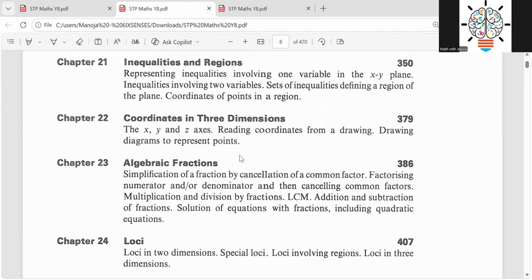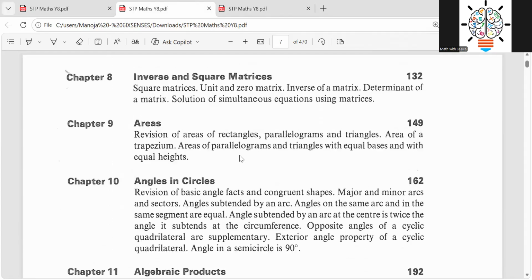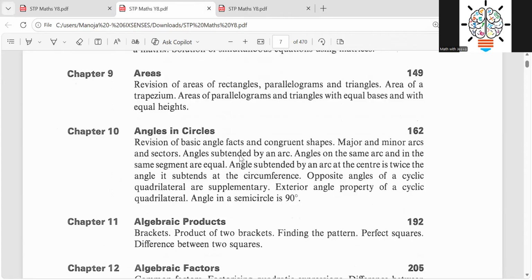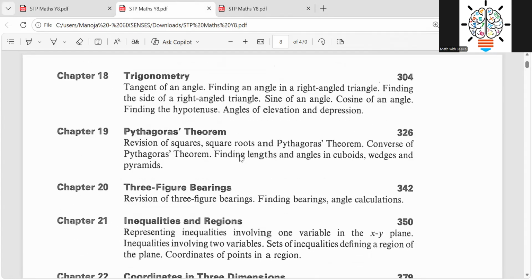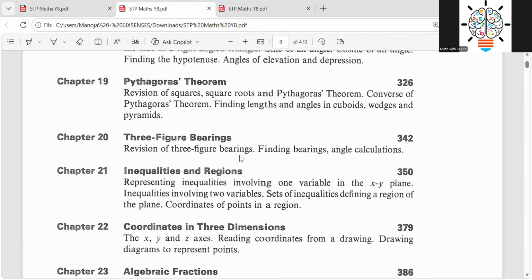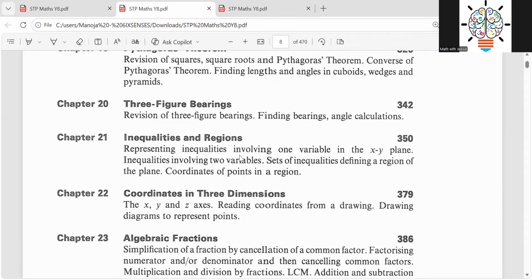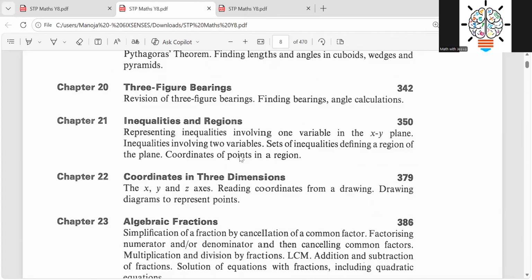These 4 chapters are interrelated. I repeat, chapters 11, 12, 13 and 23 are interrelated, and many of the students have not understood the concept very well.